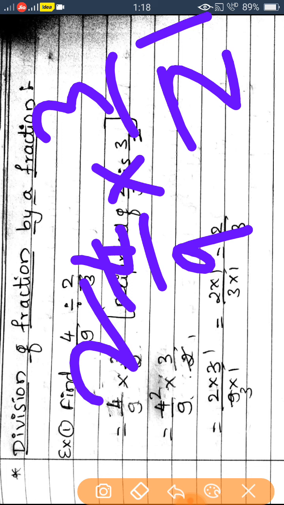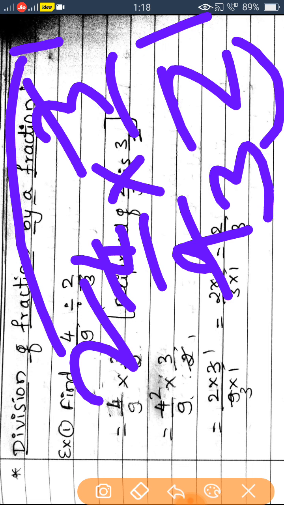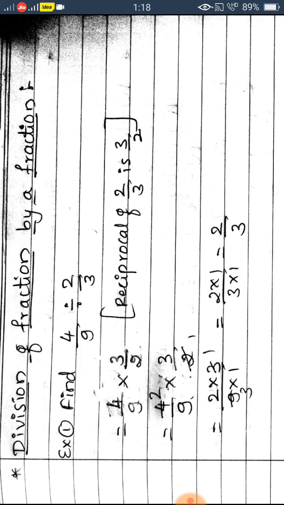Again, if you want to cancel 3 and 9, they come in the common table of 3. So 3 ones are 3, 3 threes are 9. So now 2 into 1, 3 into 1 gives 2 by 3. I hope you understand.